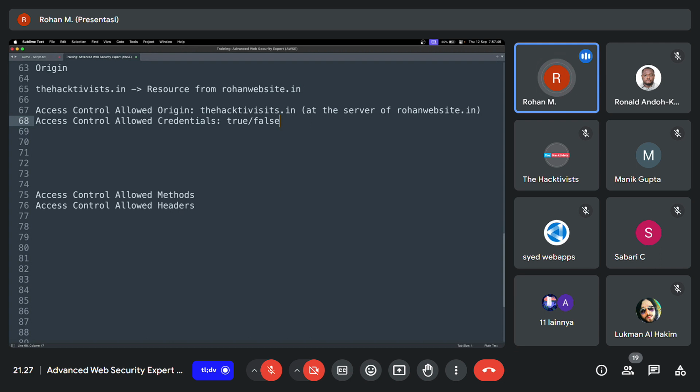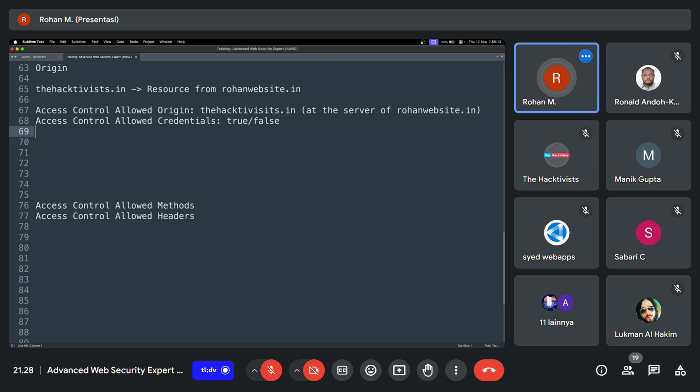So when you set it to true, you will be able to read those things. This you cannot set at the hacktivist.in. This will also be set at the server of Rohan website.in. When you set it to true for the hacktivist.in, any of the requests wherein the origin header is set to the hacktivist.in will be able to read the session tokens as well.